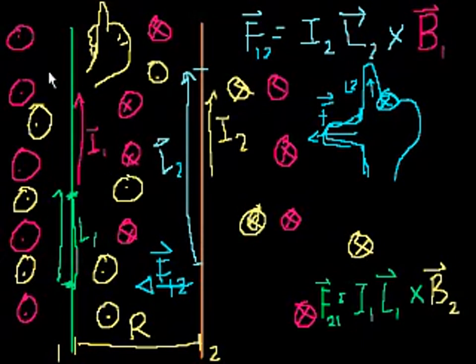So let me draw that. Let me draw my hand. And just so you know, before I do any of these, I actually look at my hand to make sure I'm drawing the right thing. So my index finger is in the direction of L1, which is the same as I1. And then my middle finger is going to do what the magnetic field is doing, so it's going to point straight up.